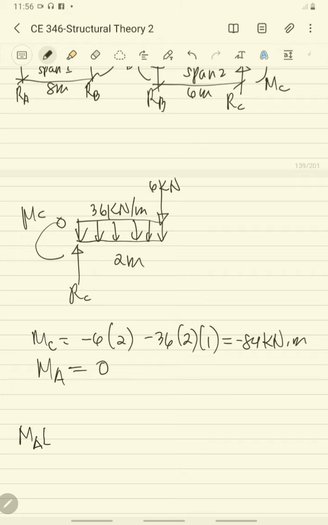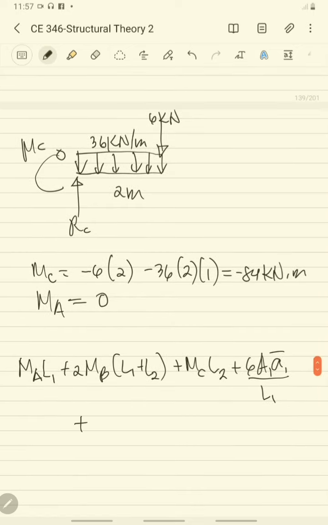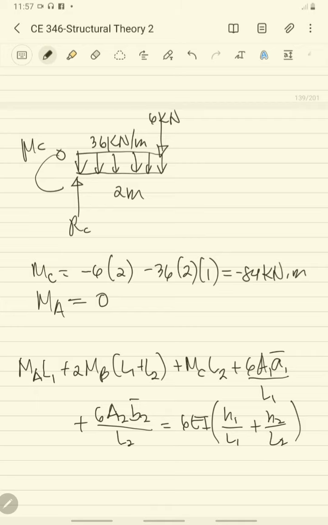You have this formula: MA L1 plus 2 MB times (L1 plus L2) plus MC L2, that is span 2, plus 6A1 bar A1 over L1 plus 6A2 bar B2 over L2 is equal to 6EI times (H1 over L1 plus H2 over L2).